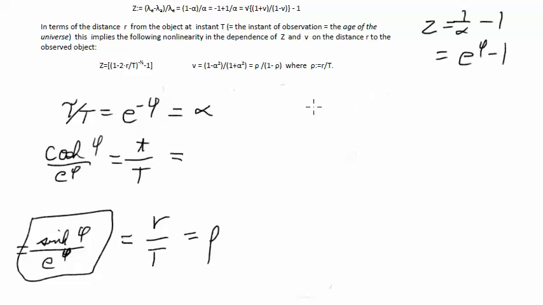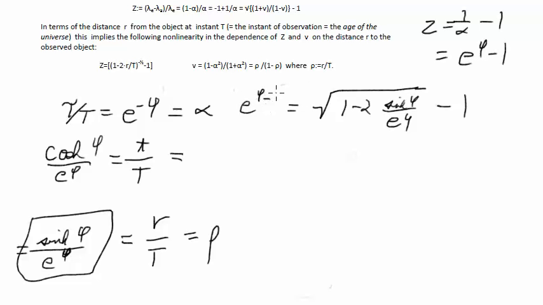So square root of 1 minus 2 r over t would be 2 sinh phi over e to the phi. And we want to compare that, or minus 1, we want to compare that to e to the phi minus 1. And we're wondering if it's true.